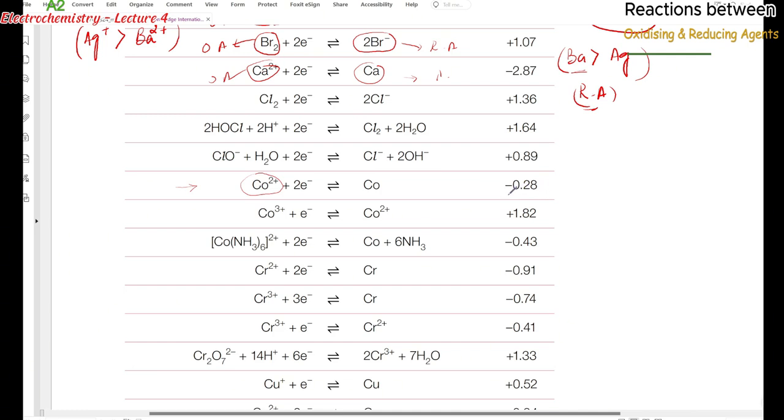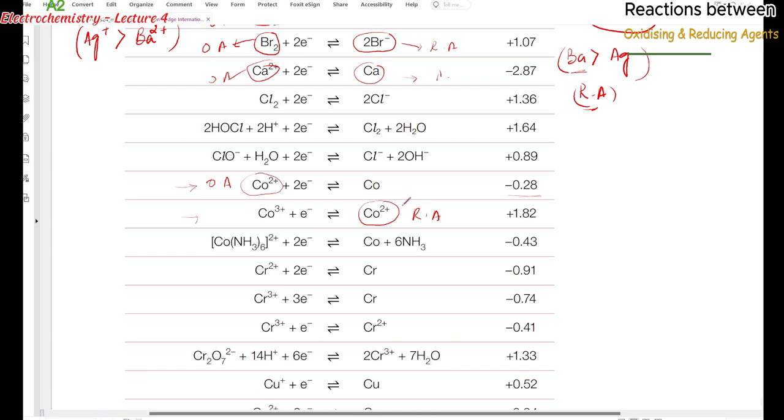I mean, its oxidizing power is negative. In this equation, Co2+, the cobalt 2 positive ion, is acting as a reducing agent. Here it was the oxidizing agent. So will these two, the oxidizing and reducing agent, react? The answer is very simple.